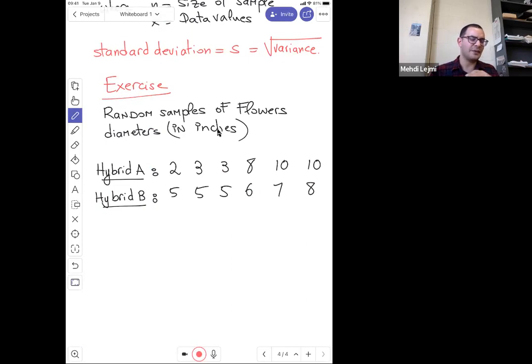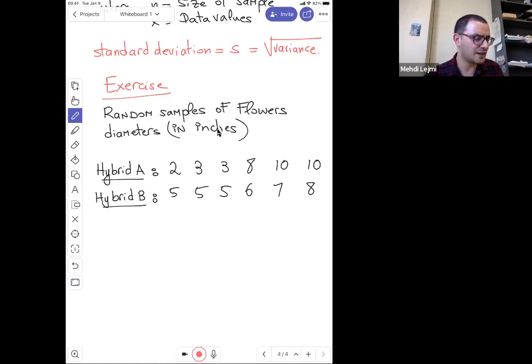Which means the standard deviation of A is going to be larger than the standard deviation of hybrid B. Remember, we said if your data values are dispersed, then your standard deviation is going to be kind of large. If your data values are kind of constant, then your standard deviation is going to be small.